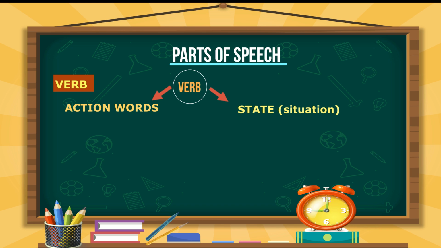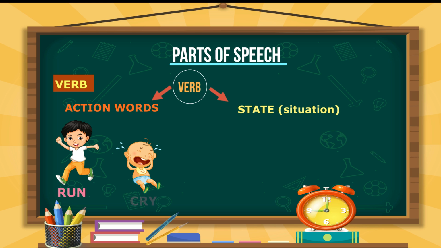The difference is that action verbs express physical activities or processes. For example, what is this boy doing? He is running, right? So, run is an action verb. What is this baby doing? He is crying. So, crying is an action verb.